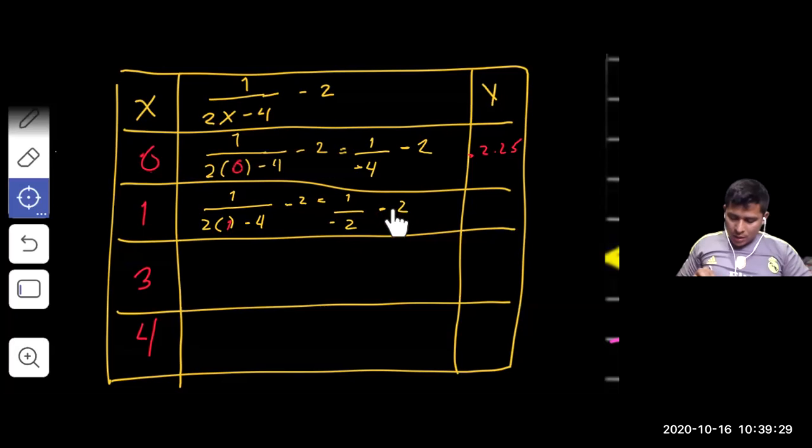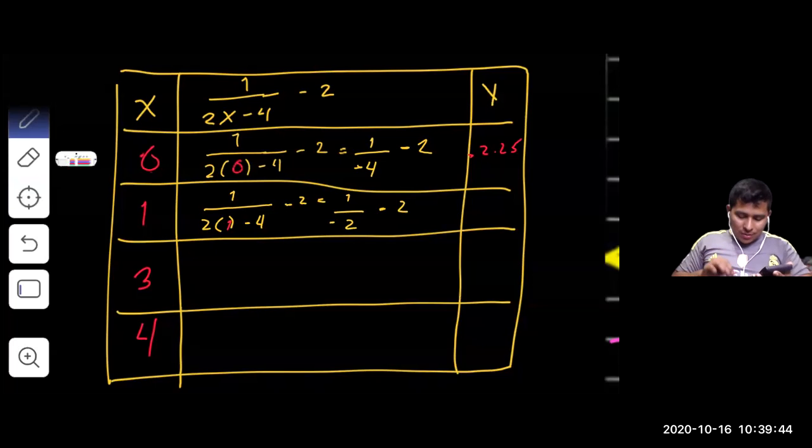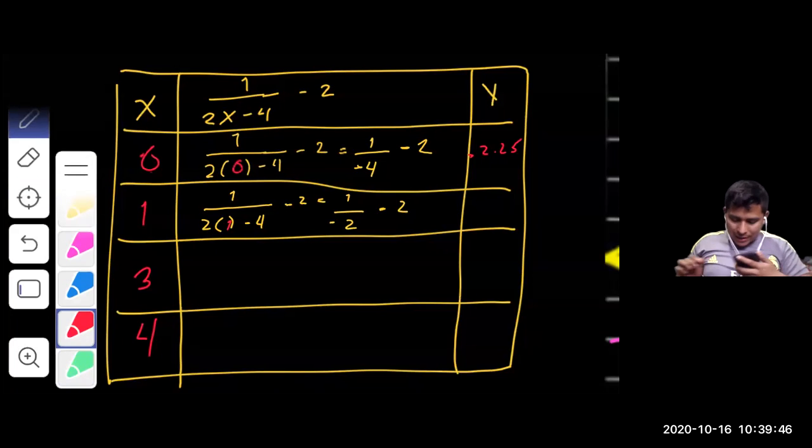Let's use the calculator again. 1 divided by, 1 over this negative 2. Let's put it in parentheses, minus 2. What is the answer? Tell us, Elmer. Negative 5.5. Okay, I got a different one. Something must be wrong.